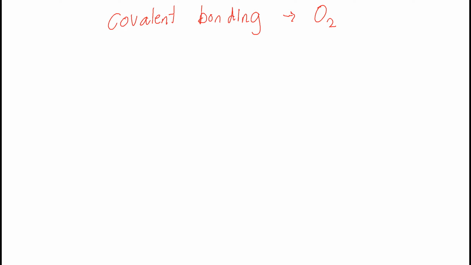Hi, let us now study the covalent bonding of 2 oxygen atoms to form the oxygen molecule. Now, oxygen has a proton number of 16, or should I say 8? And 8 translates to an electronic structure of 2, 6.